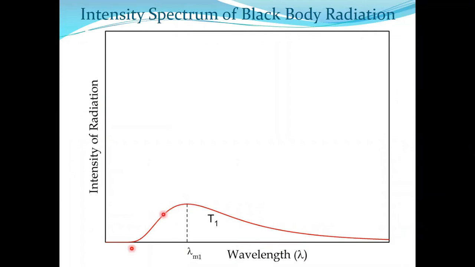Now if you connect those points, you get a smooth curve like this. This is an experimental curve. This is only for a particular temperature T1.